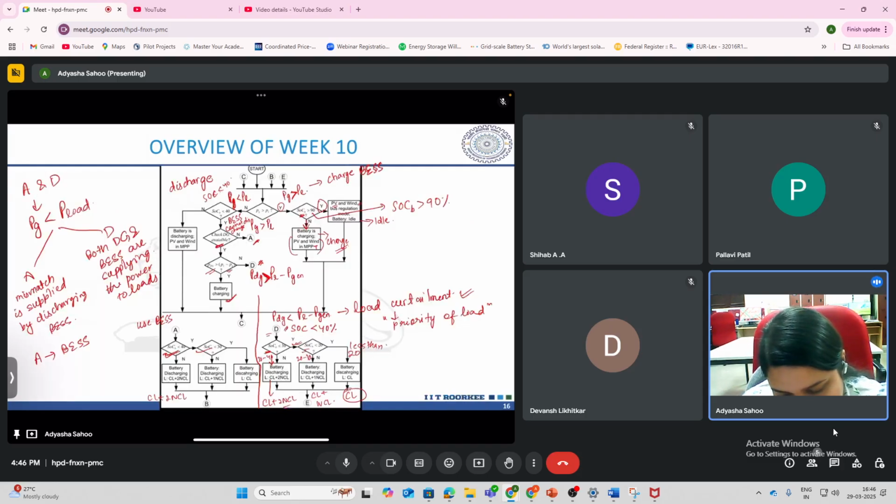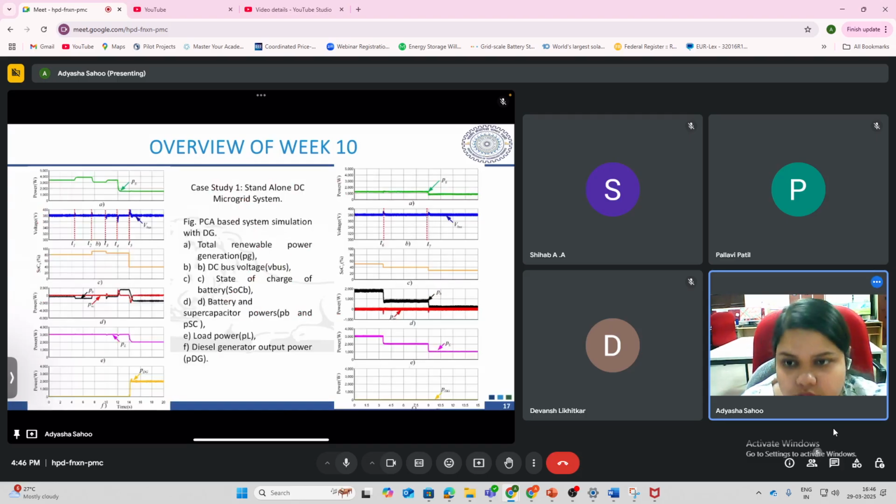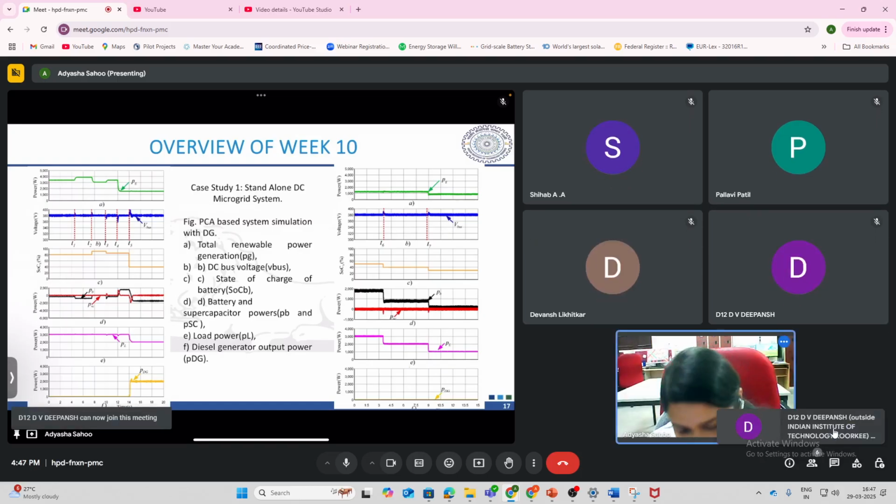Similarly, you can see the various waveforms corresponding to this isolated DC microgrid system. This is the load you can see.